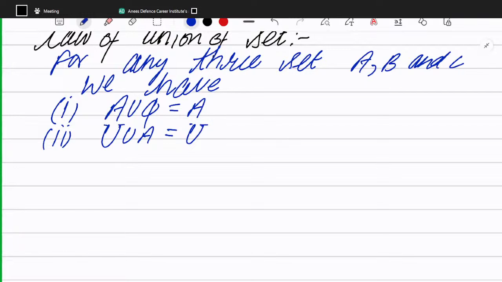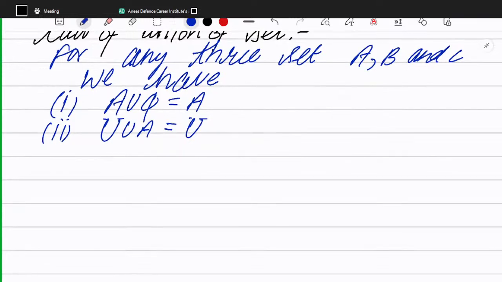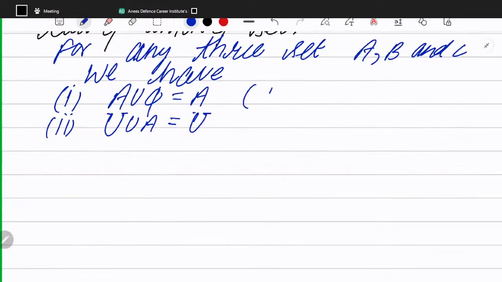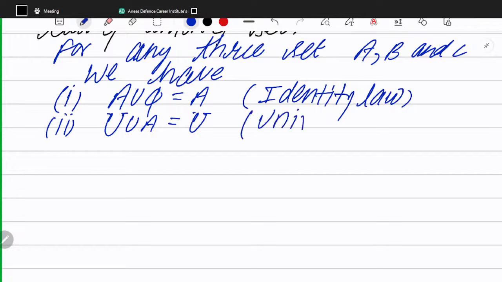Then if you do a union operation, you get capital A. This is known as identity law. This is known as universal law.